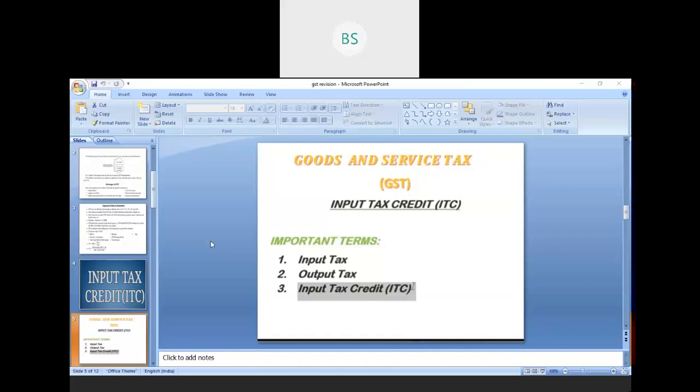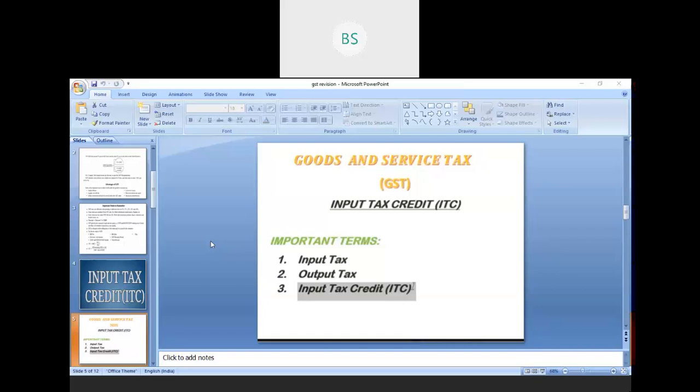Then he will collect tax from the customer, that is 1.5. That means 10 plus 1.5 is 11.5. So the pen he is finally selling to the customer is for 11.5.